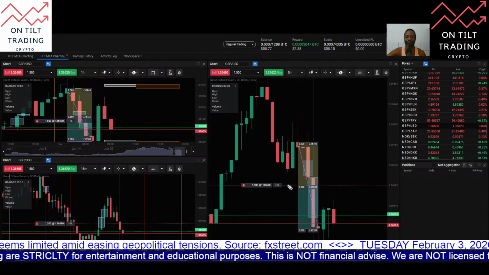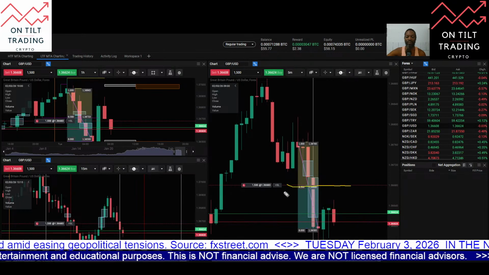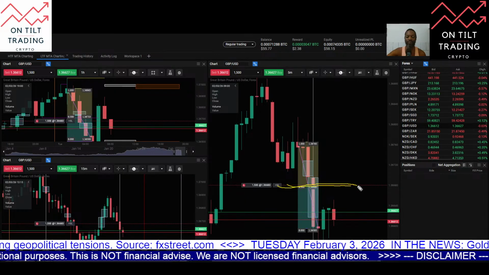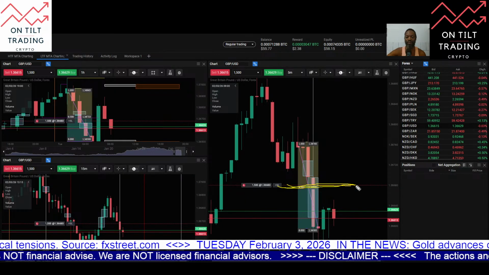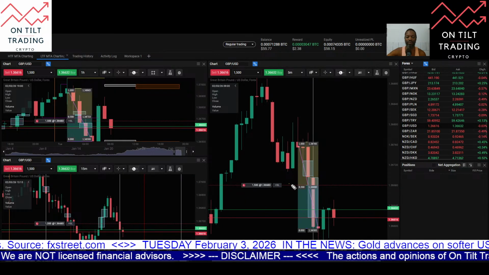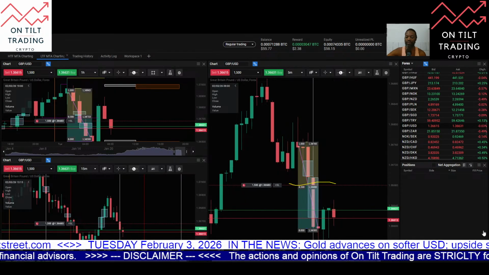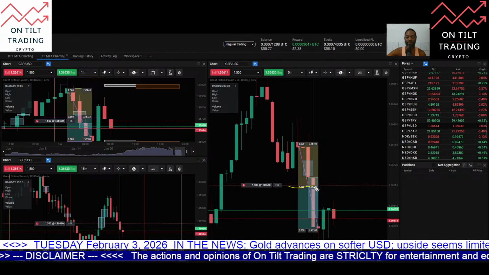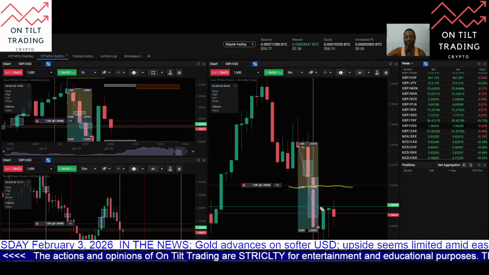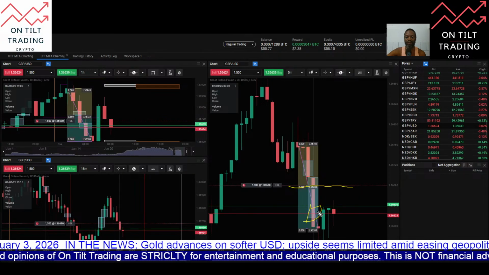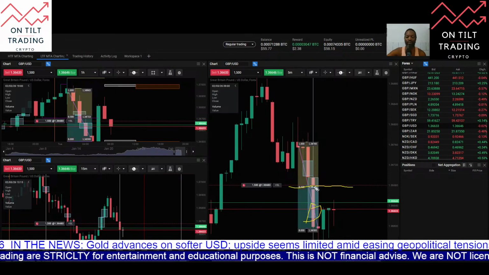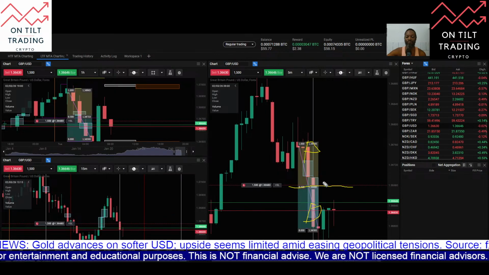And within this dealing range, this is equilibrium. Let's see if I can get a straighter line here. So this is the area of discount. This is the area of premium.